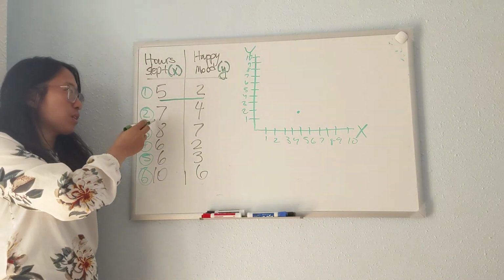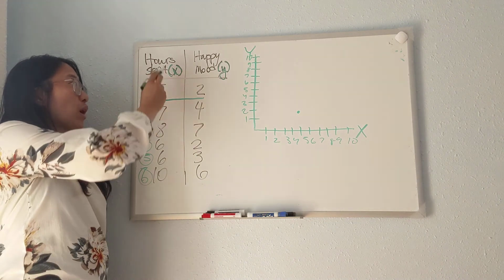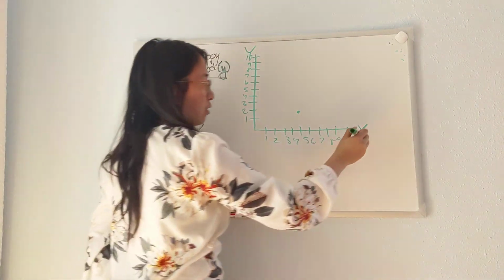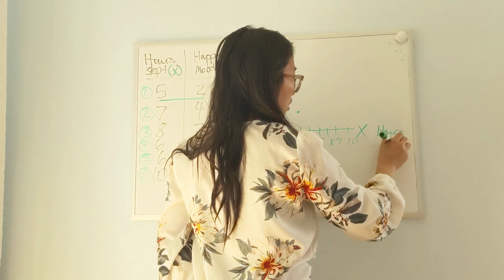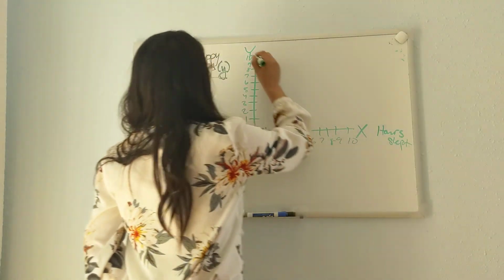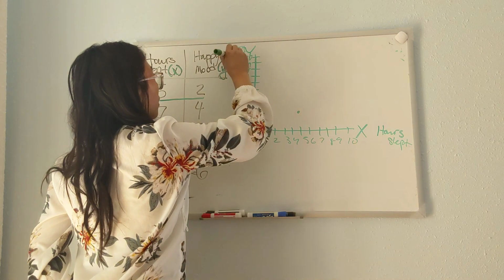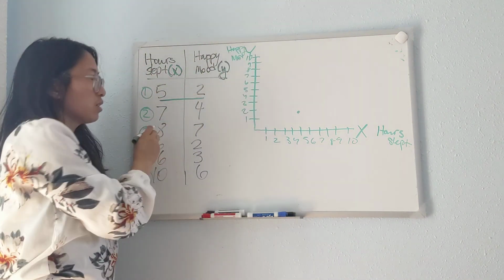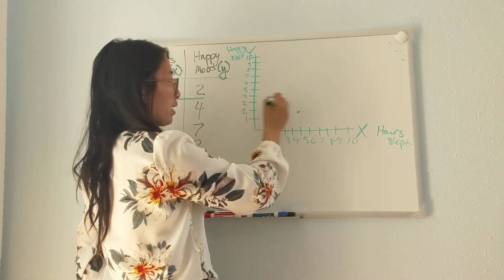Then for the next participant, their x-axis is 7, right? Hours slept is the x-axis. I can write this down here too. Hours slept. Happy mood is the y. Okay, so they have a 7, and then we go up on the y-axis to 4.